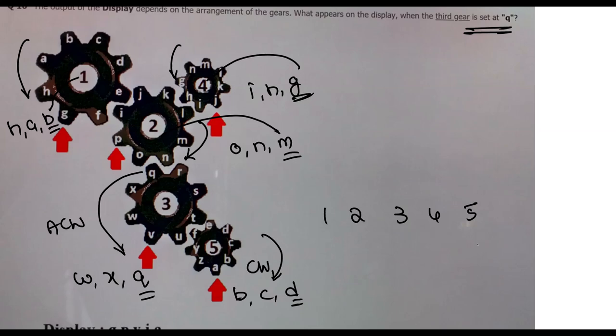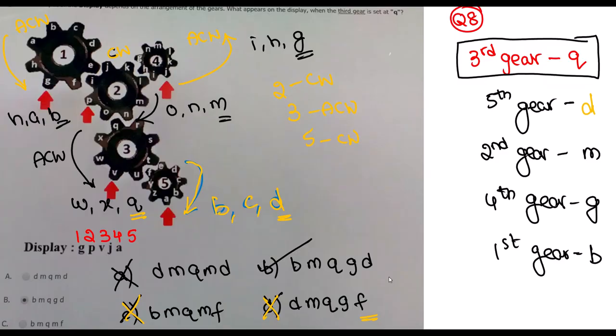This fifth one will be at D. First one will be B. Second one M. Third one Q, already given. Fourth one G. B, M, Q, G, D.